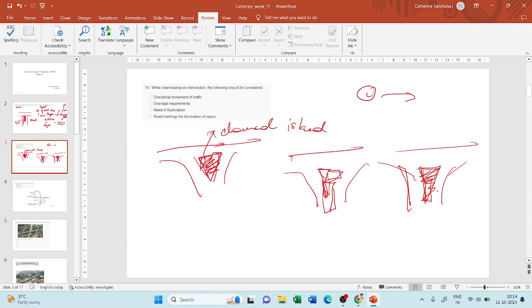The other thing is, this is an island, right? So let me draw a cross-sectional view of the road. Okay, this is the level of the road. Okay, top surface, and on top of that you will be having the channel with a curb.